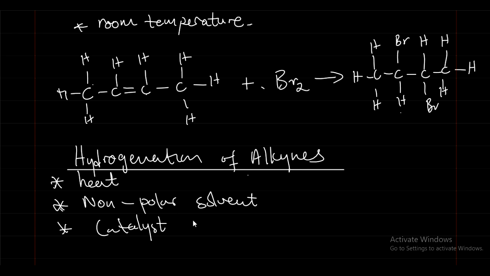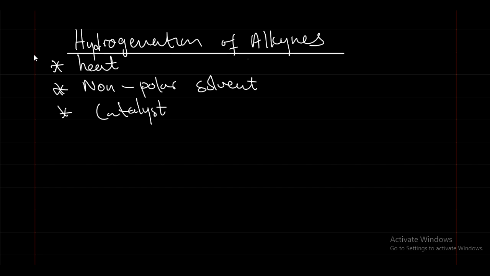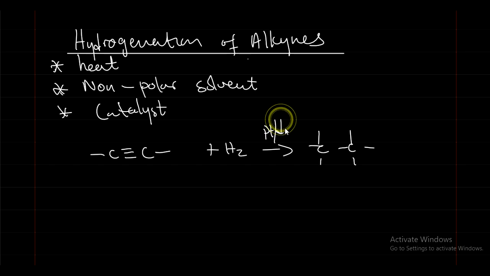So, for example, if you want to take an alkyne to an alkane, we need a catalyst such as platinum, palladium, or nickel.